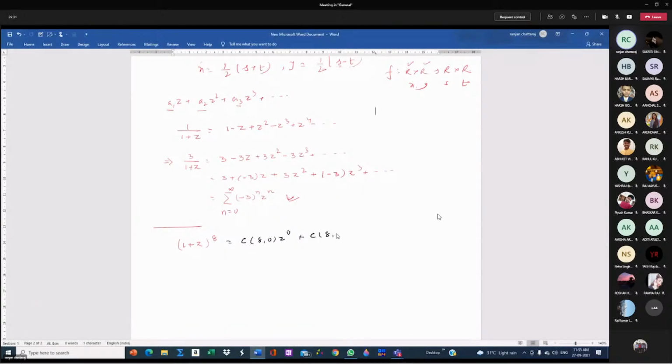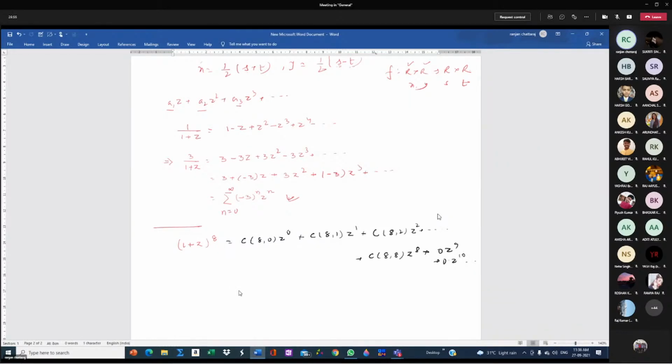C(8,1) z1, C(8,2) z2, and so on up to C(8,8) z to the power 8, and plus 0 z to the power 9 plus 0 z to the power 10 and so on.